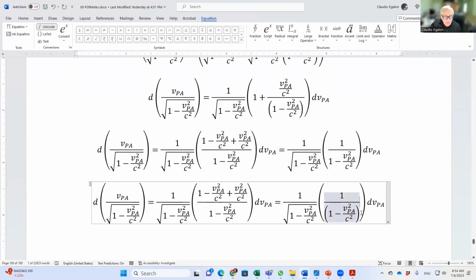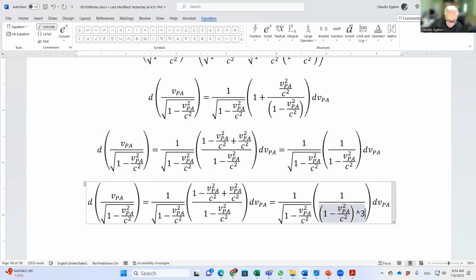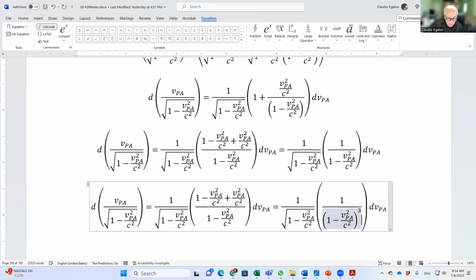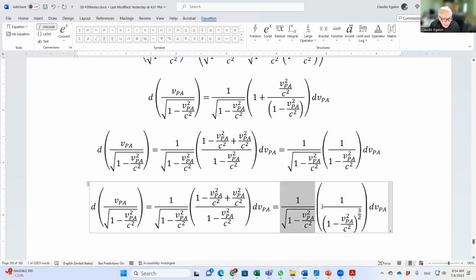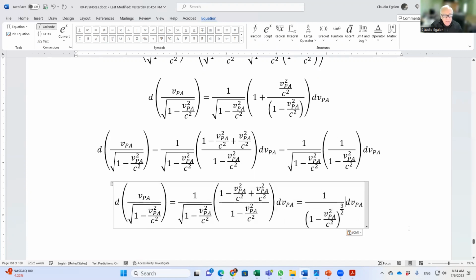Combine this term with this term. We are back to the 3/2. We got rid of the 3/2 first, right? And then we came back to the 3/2. Amazing, right? That's what that whole method is all about. It's something rather simple.